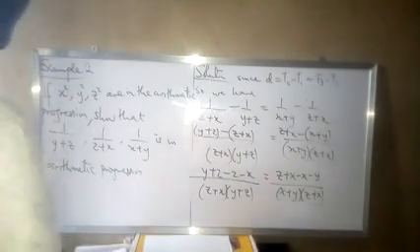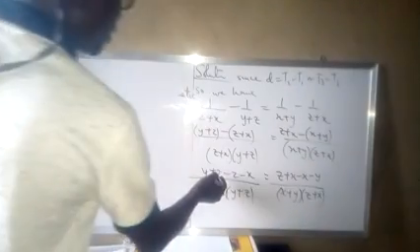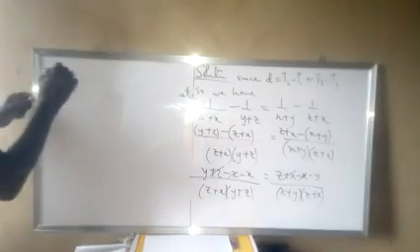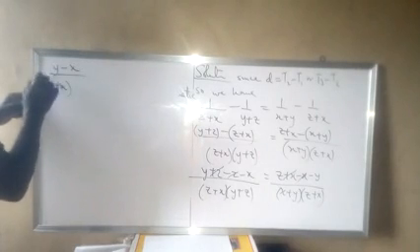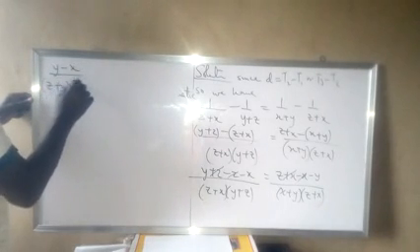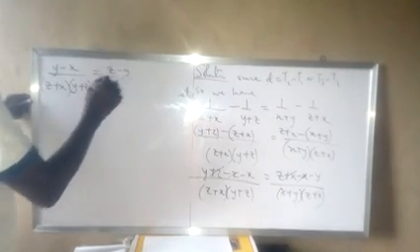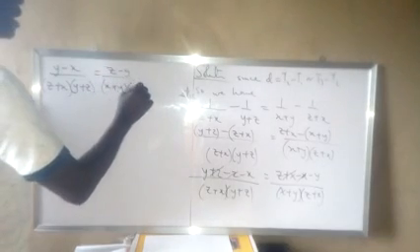Now we have, by simplification, plus z we cancel minus z there, and plus x we cancel minus x here. So we are left with y minus x all over z plus x into y plus z, is equal to z minus y all over x plus y into z plus x.